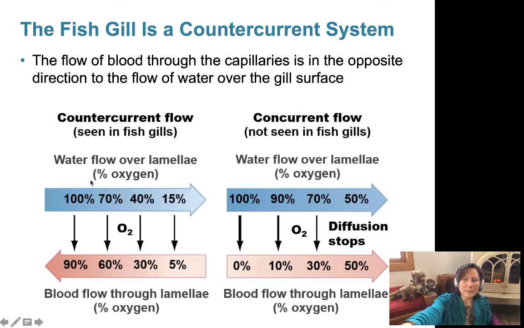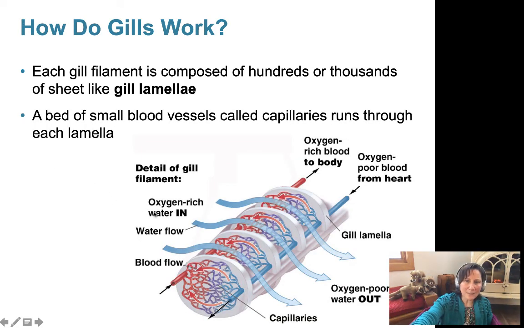Now, sorry, I should probably back up and say, so what's going to happen then is that as water approaches the gill lamellae, there's going to be this incredible, high diffusion of oxygen across the gill lamellae, oxygenating the blood. And then as the water continues to flow, it's going to have less and less oxygen. And so even though the lamellae will engage in diffusion, as the water flows across, there's going to be less and less oxygen, and so lower and lower diffusion rate.